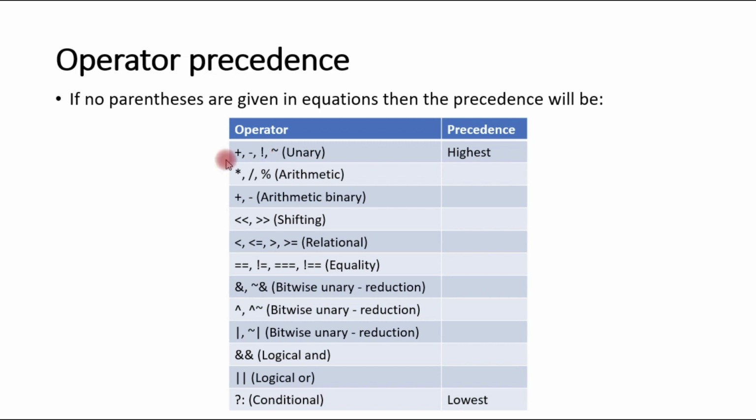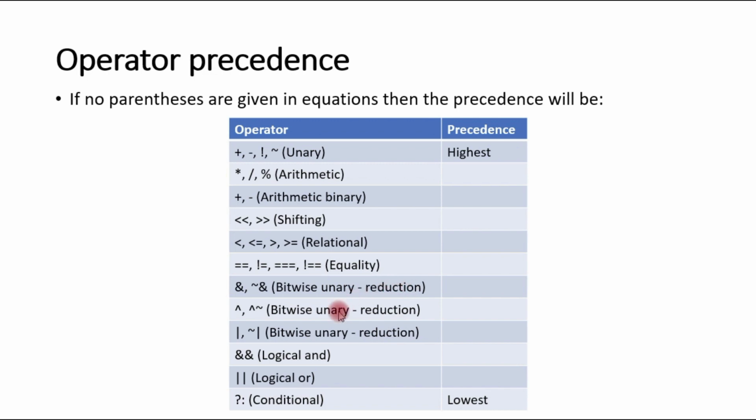Then the priority is given to arithmetic operators, that is multiplication, division and modulus, followed by other arithmetic operations, that is addition and subtraction. Then shifting, relational, equality, and reduction operators. In reduction operators, first come the AND and NAND reduction operators, then XOR and XNOR, then OR and NOR.